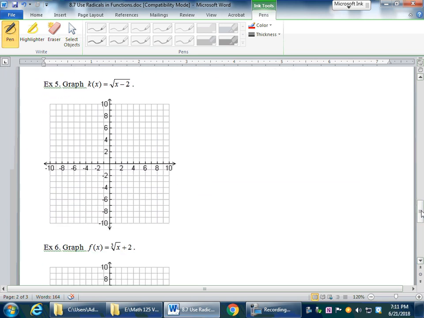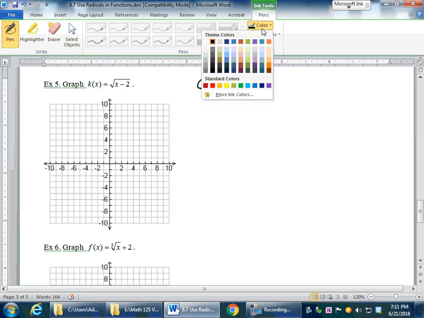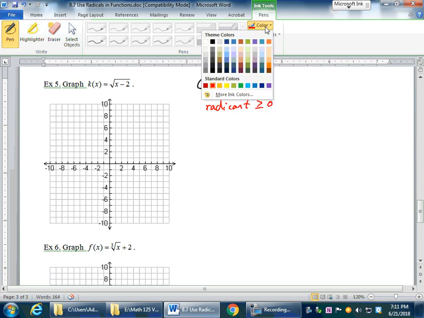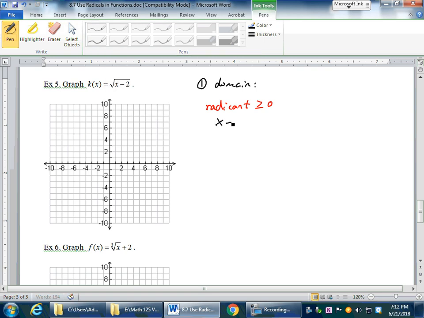Next example. Again, noticing that this is a square root. First I'm going to find out my domain. For the domain, the radicand must be greater than or equal to 0, which is my radicand x minus 2 greater than or equal to 0.